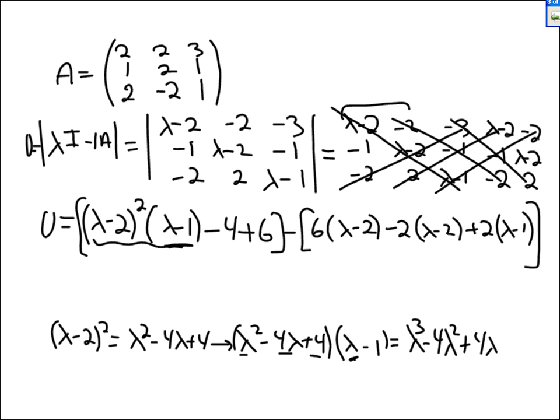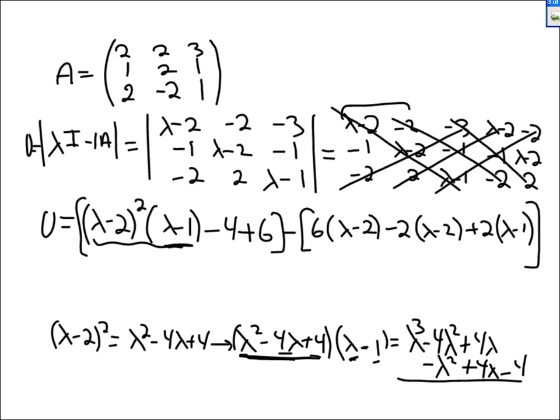And now I take away 1 times this. That is, I multiply everything here by negative 1. So I'll get negative lambda squared plus 4 lambda minus 4.